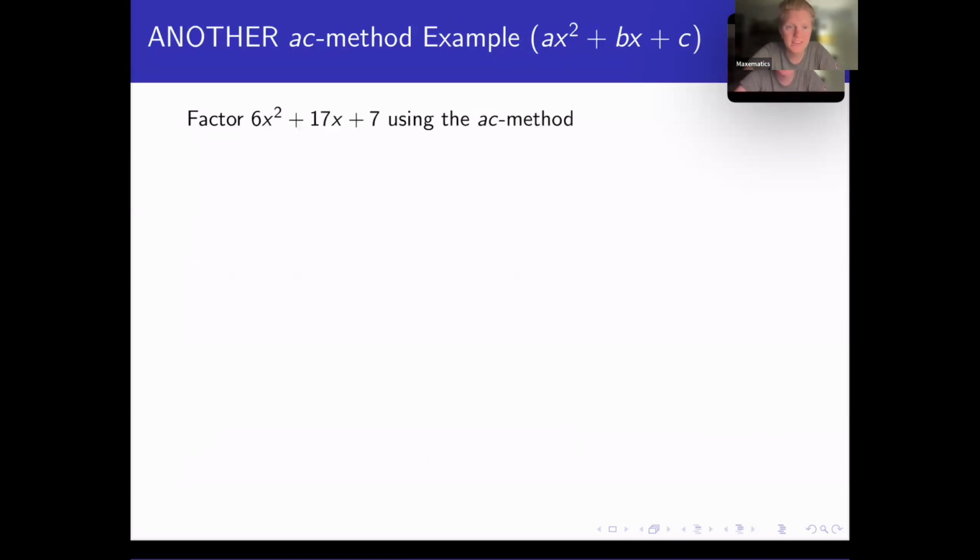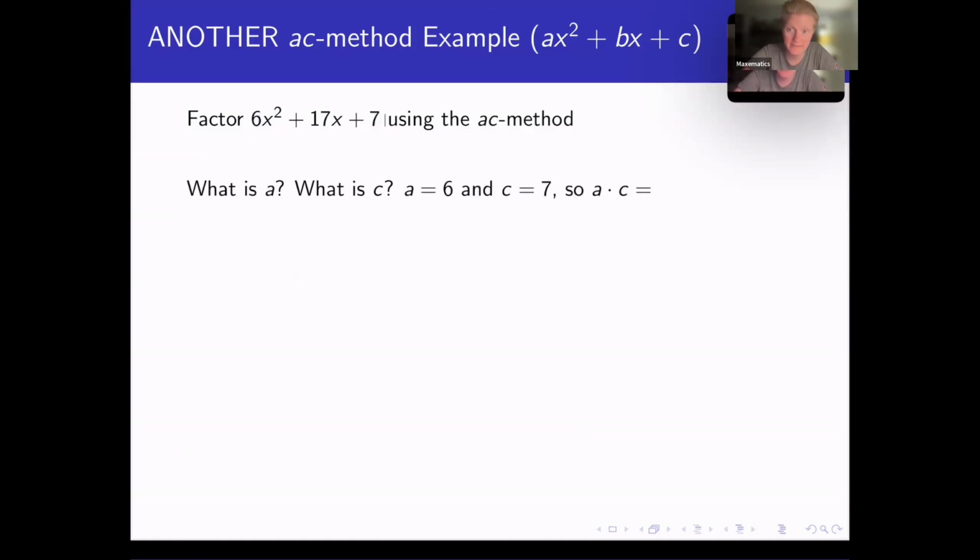Let's keep going. 6x squared plus 17x plus 7. Oh boy. Okay. What is A? What is C? A is the coefficient attached to the x squared term. So A would be 6, and C is the constant 7.